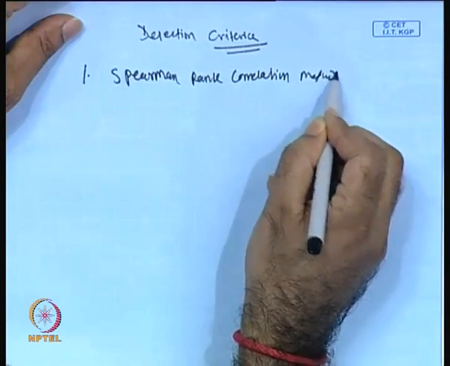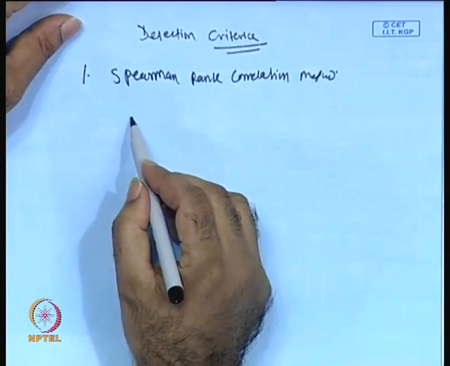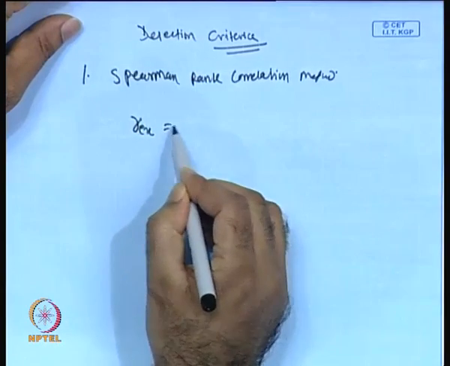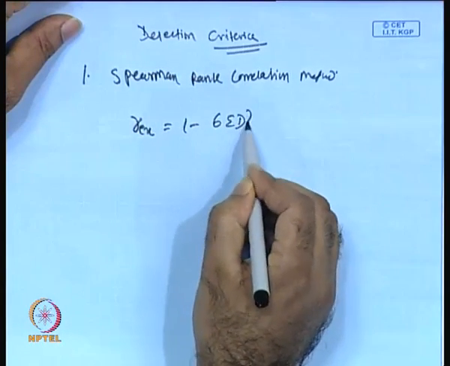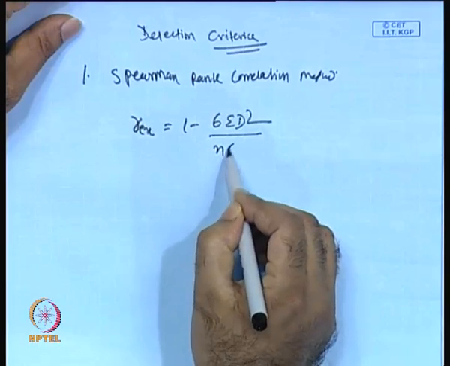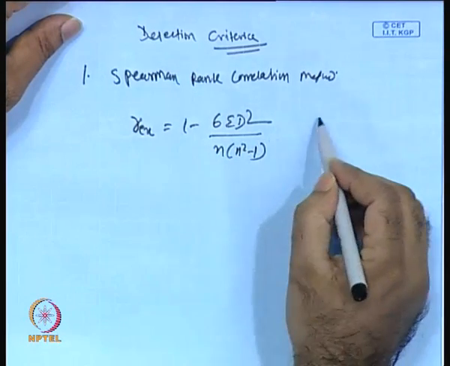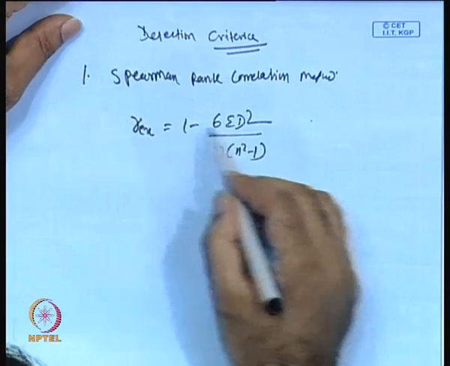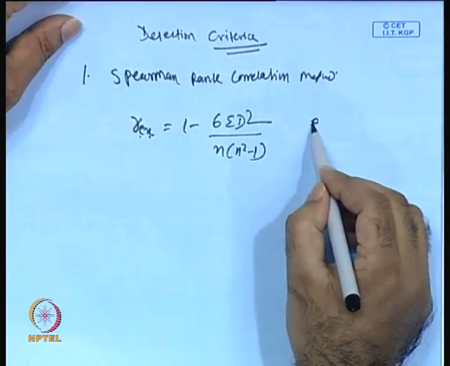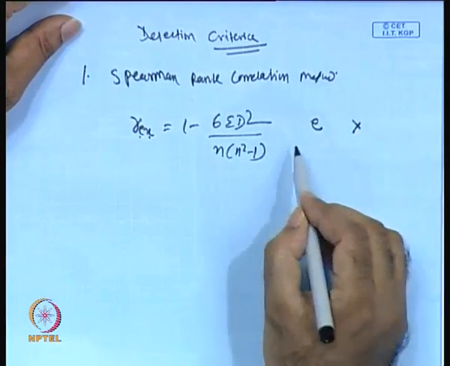The formula is r_EX = 1 - 6 ΣD² / (N(N² - 1)). What are E and r_EX? E is one variable, X is another variable.